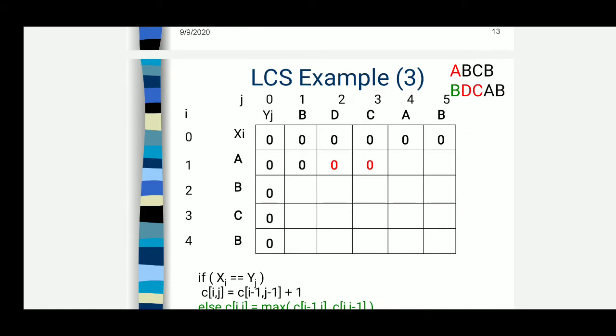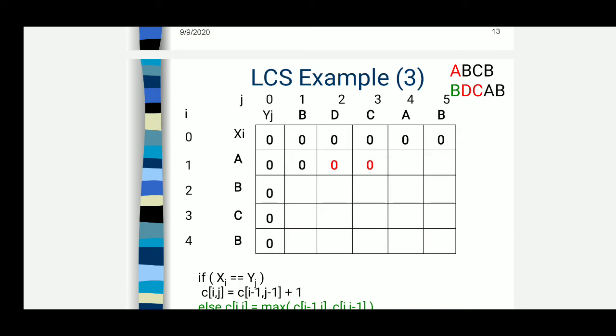Like this, the row with index i equal to 1 will have the first values as 0, 0, 0, 0, 0, in which three values are being filled in this pass.